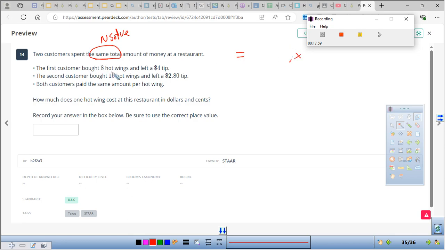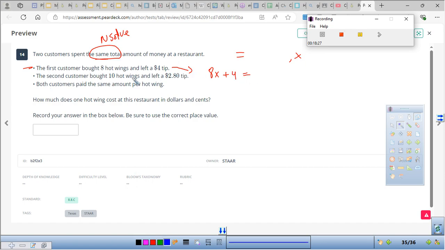About 8 wings for that much and a tip. Second, about that many wings and a tip. Okay. So for this one, you can think about this one as each hot wing. Each, that many wings. So for the first one, I'll do it in red. He has 8x, because we don't know how much each wing costs, but we do know he left a $4 tip.